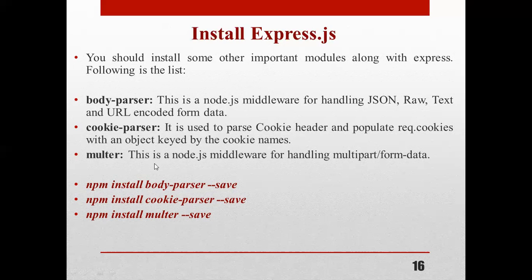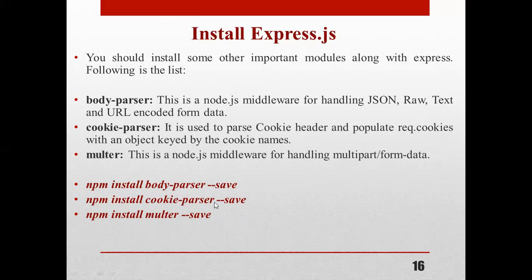So how to install body-parser, cookie-parser, and multer? For that, write npm install body-parser --save. By using this, we can install body-parser. After installing body-parser, write npm install cookie-parser --save for installing cookie-parser.